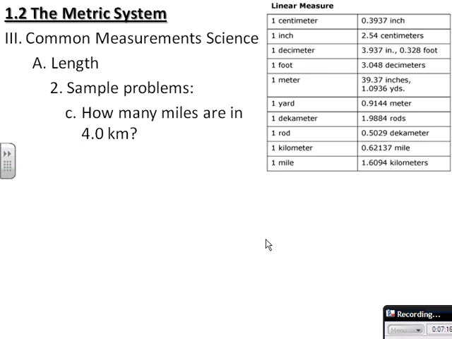Whenever you have a problem like this, the best thing to do is write it out like this, and you can follow these steps as I discuss them. Okay, the first thing to do is to take the value that you're given in the problem. In this case, it's 4 kilometers, and put it over 1.